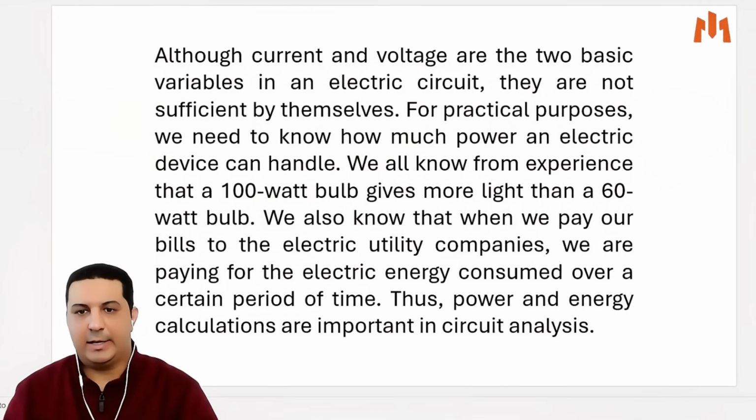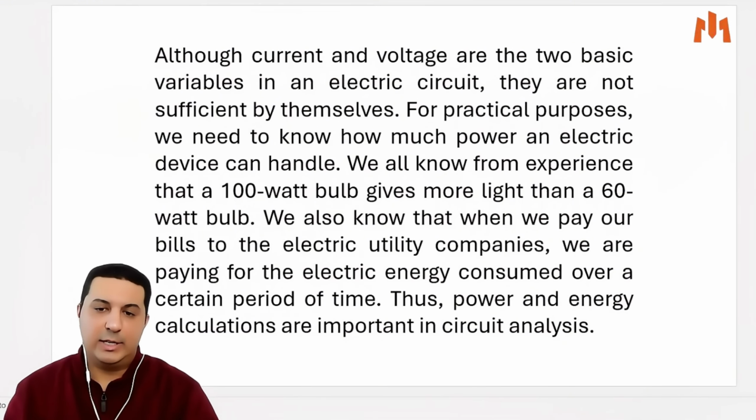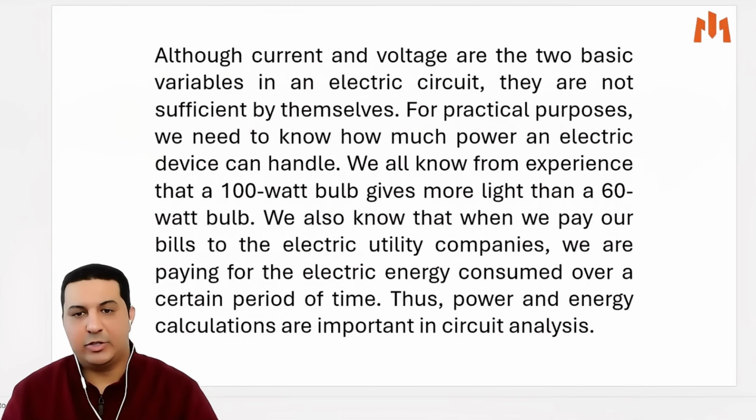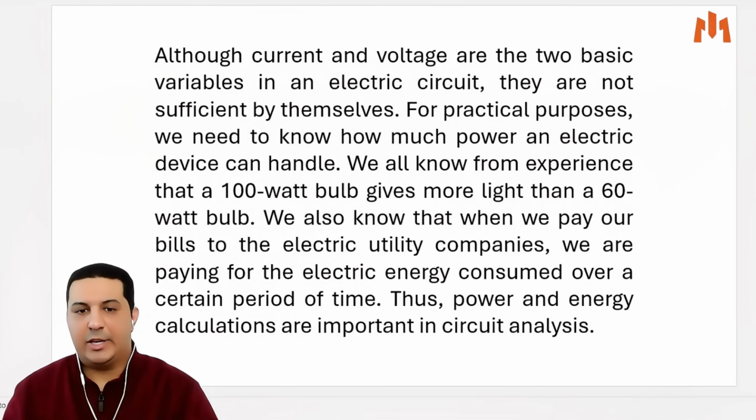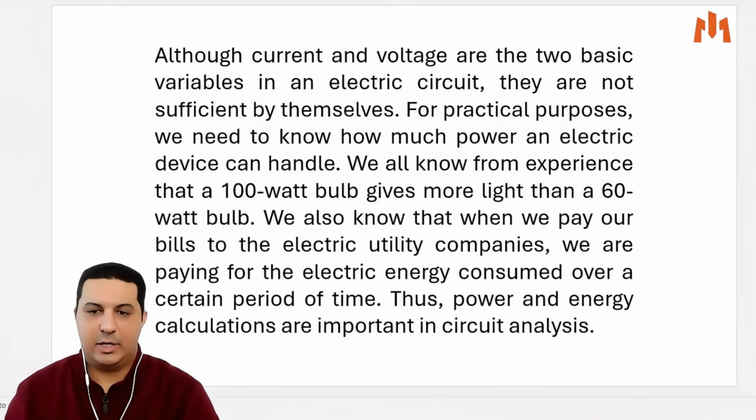We also know that when we pay our bills to the electric utility companies, we are paying for the electric energy consumed over a certain period of time. Thus, power and energy calculations are important in circuit analysis.